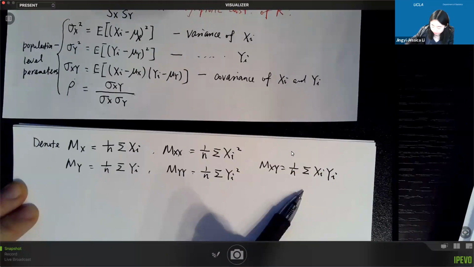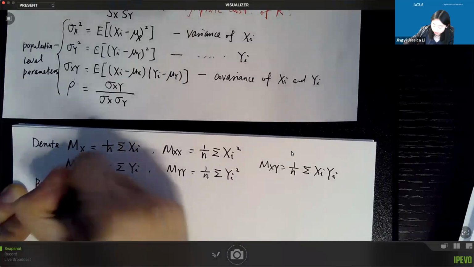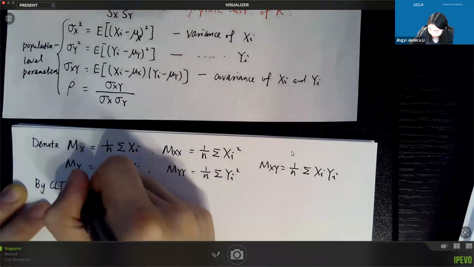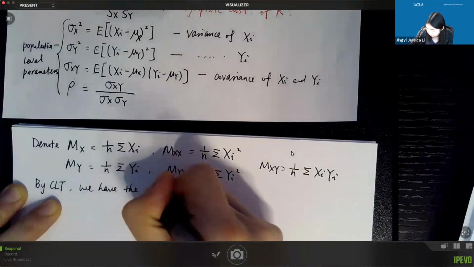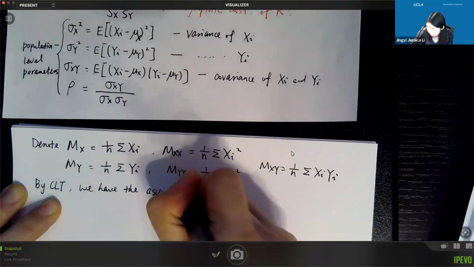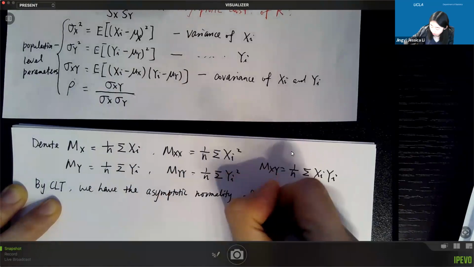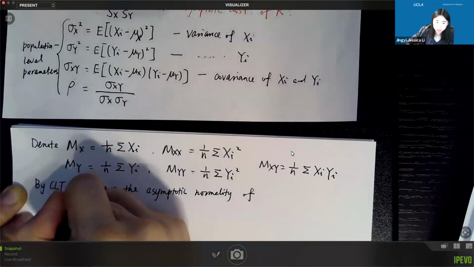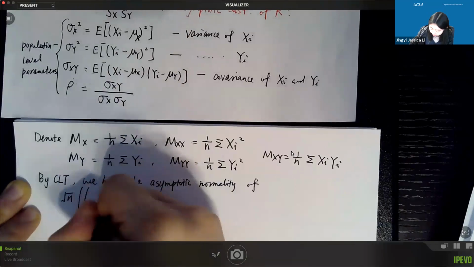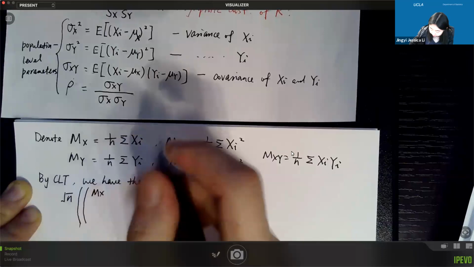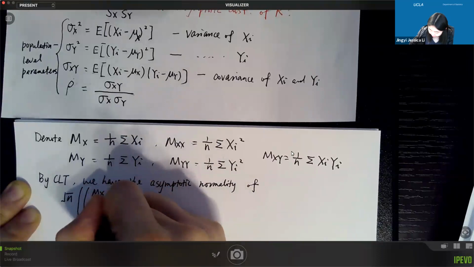By CLT, I can derive the asymptotic normality of root n times this long vector: mx, my, mxx, myy, and mxy.